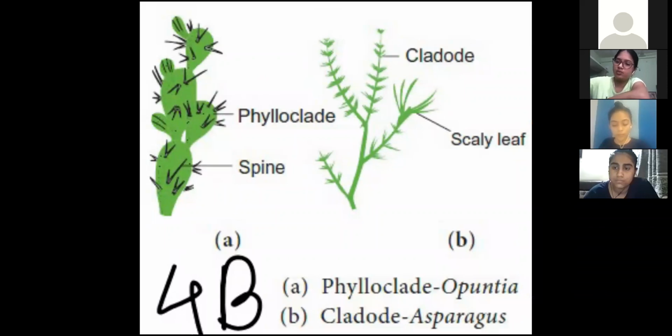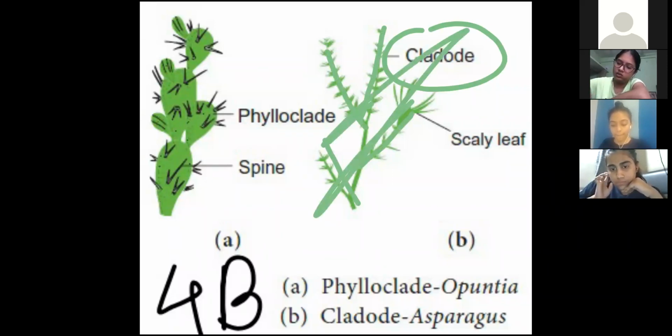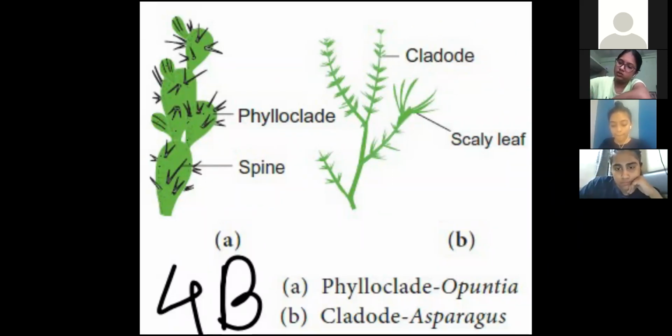यहाँ पे देखो क्लेडोड word दिया है. Only the branches are there, they become greenish in color, but not their main axis. So that we call cladode. Cladode in case of asparagus; phylloclade in Opuntia, Euphorbia. If anyone asks to differentiate these two, phylloclade and cladode, two points.